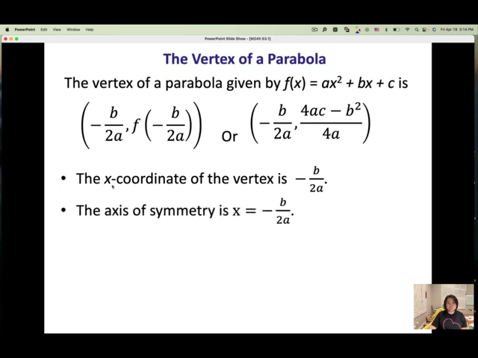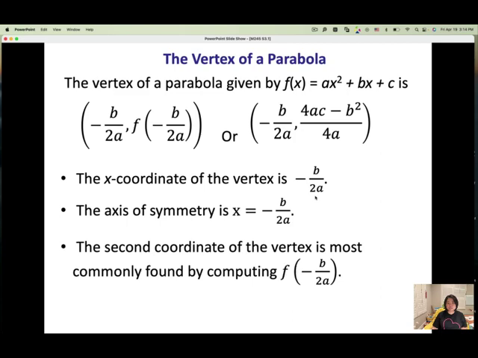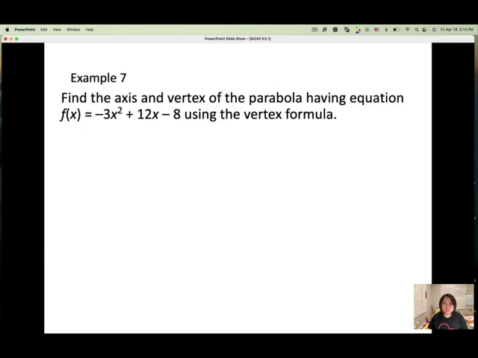So the x coordinate of the vertex will be -b/2a. And then the axis of symmetry is going to be exactly the same thing. Let's try to do this example. Find the axis of symmetry and the vertex of the parabola using the vertex formula. So first, let's determine what your A, B, and C are.